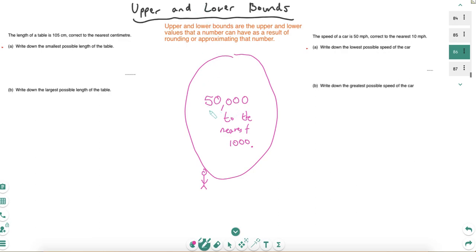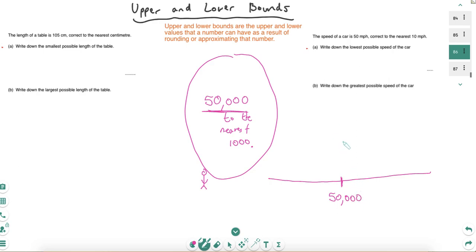So you said there are 50,000 people at the stadium to the nearest 1,000. So we've got to find the greatest number of people possible in the stadium. That's called the upper bound. What we do is draw a little straight line, and in the middle we write down our approximation. We're saying it's 50,000 people.